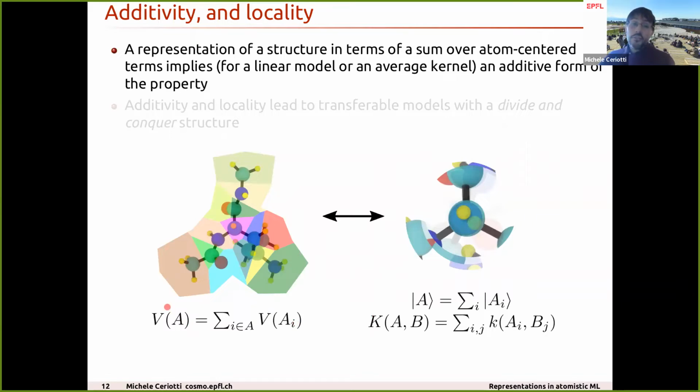If you make this ansatz for the target that you're trying to predict, this also implies that if you're building a linear or a kernel model, your features or your kernels must have a specific additive form.